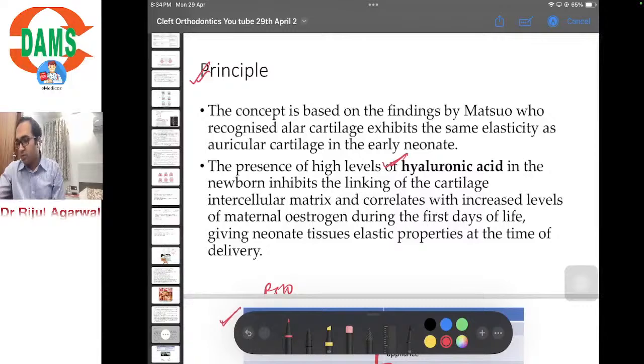So by simple orthopedic or feeding plates, we can mold them into a desired shape at this age prior to any surgery, so that the result or aesthetics of the surgery are much better as compared to patients without these appliances.